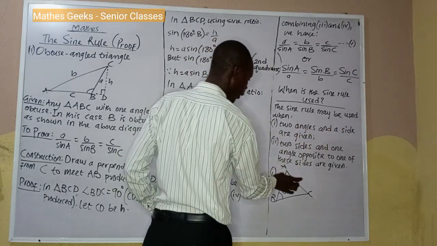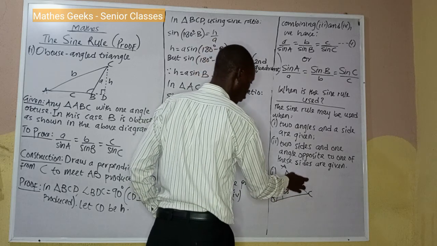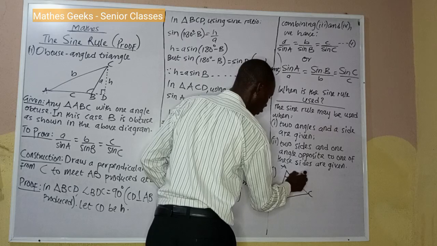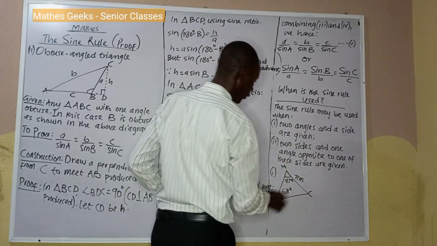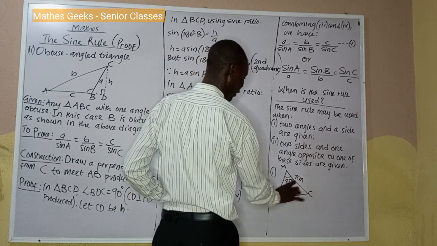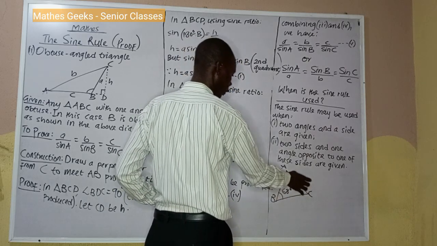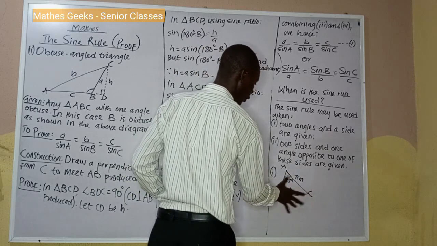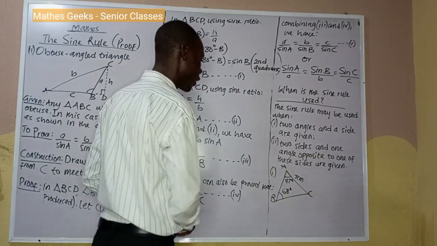So either we're given the side that is opposite angle A or the side that's opposite angle B. Let's assume that the side opposite angle B was given to be 7 centimeters. Now, in this case, two angles and a side opposite to one of the given angles is given. So we can use the sine rule to find the other two sides and also get to know the third angle. So that's the first condition.